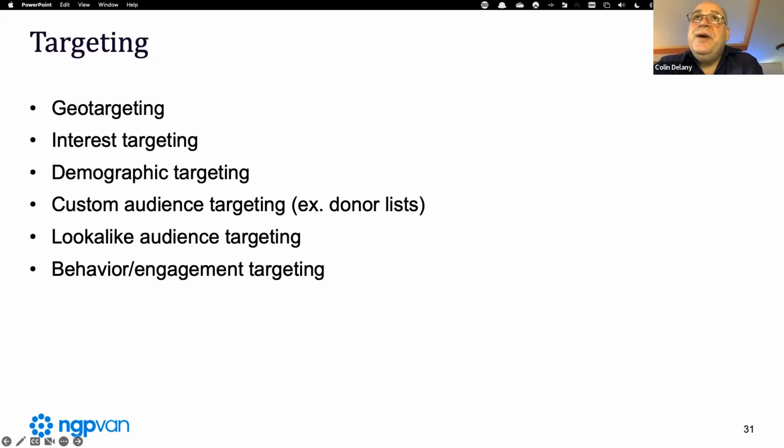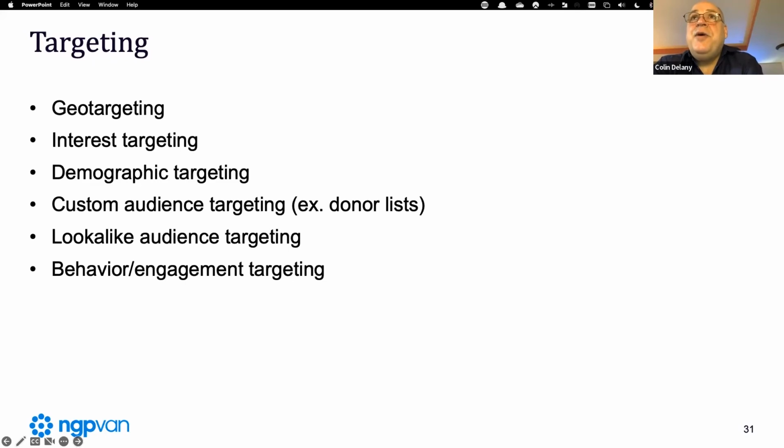For instance, one might upload a list of past donors, use that to target them directly for current donations, turn them into a lookalike audience, basically expand to a much larger group of people who are similar, see who responds to that appeal, then turn that group into a new lookalike audience. So you can get pretty recursive there if you want to.